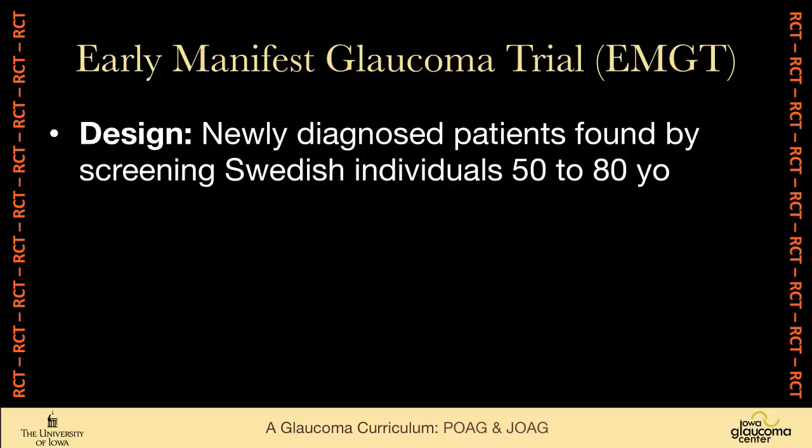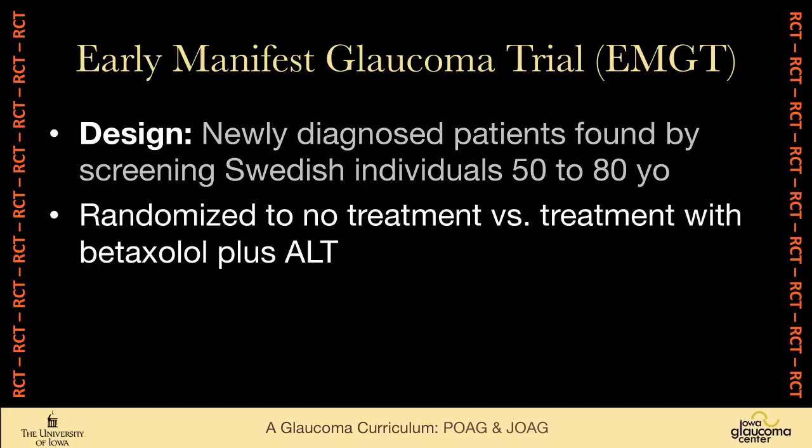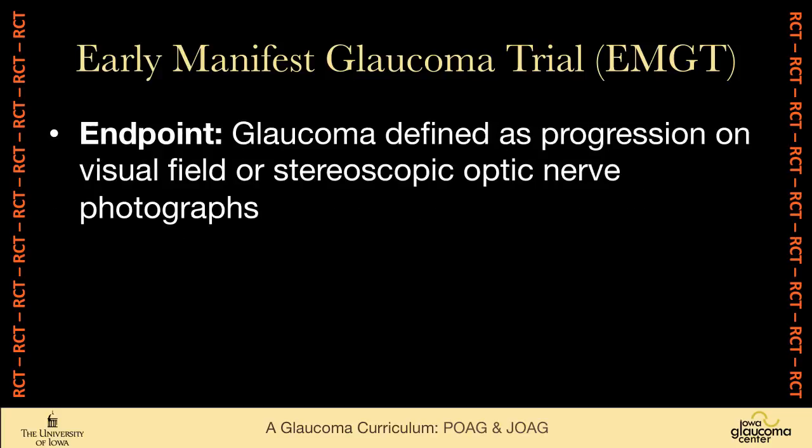So they screened individuals between 50 and 80 years of age. And these individuals who were newly diagnosed were randomly assigned to either no treatment versus a prescribed treatment regimen of betaxolol plus argon laser trabeculoplasty. The endpoint was glaucoma progression defined on visual field or optic nerve head photographs.